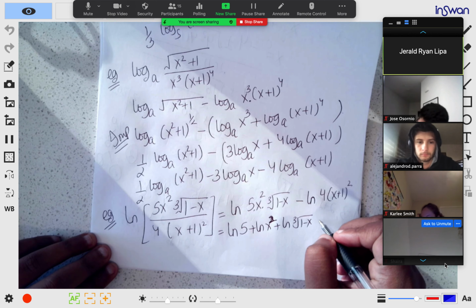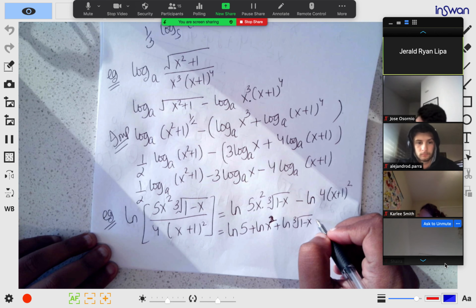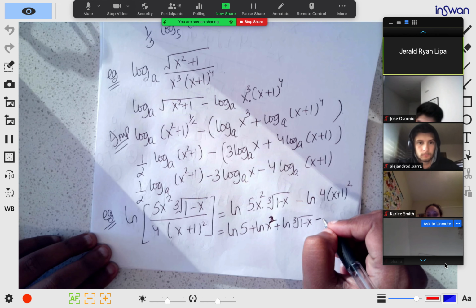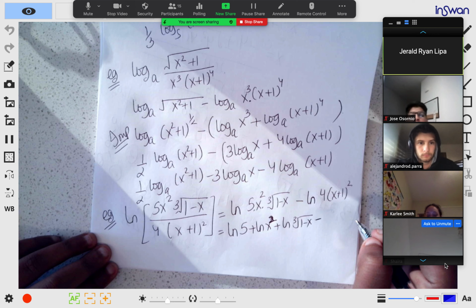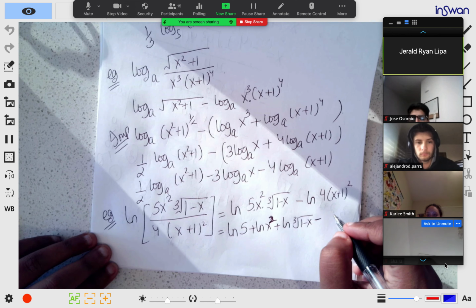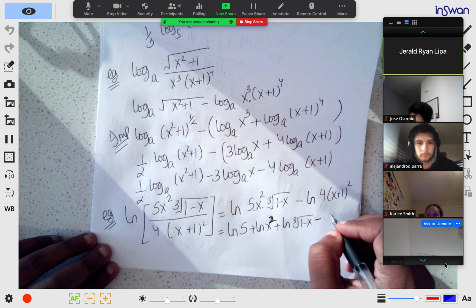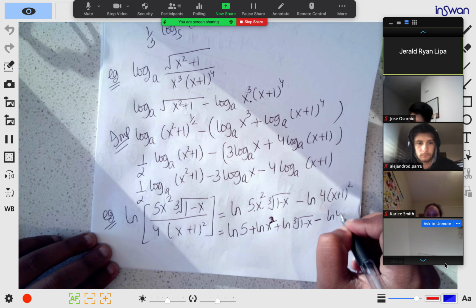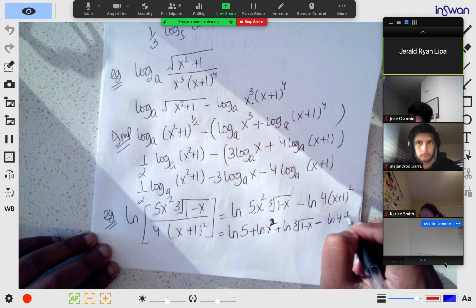And then for the second part, after the minus sign, we're going to do ln 4 plus ln x plus 1. Yes, ln of x plus 1 square, right?